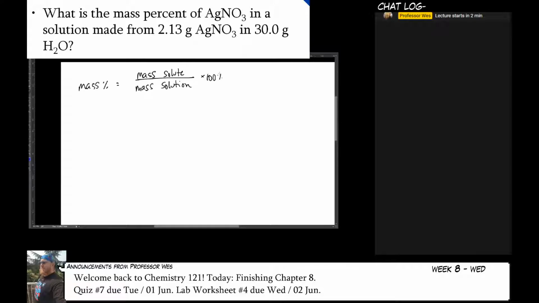So I know that the mass of the solute is AgNO3, and that is 2.13 grams. I also know that the solvent is water, and I have 30 grams of that too.